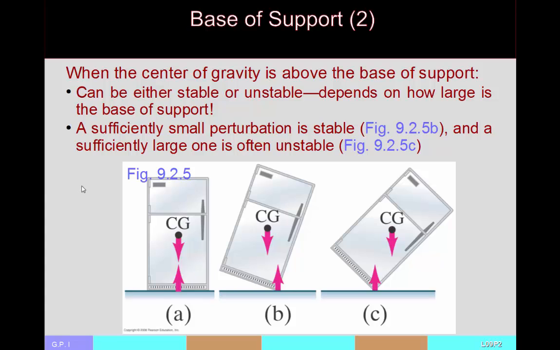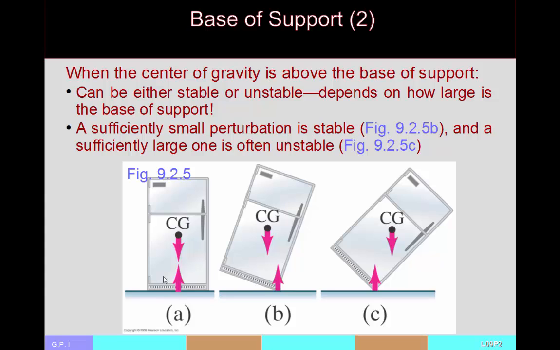It could be stable, it could be unstable. The pencil on its side, for example, also has its center of gravity above its base of support. A box lying on the floor, or this refrigerator-freezer combination, has a center of gravity above the base of support.